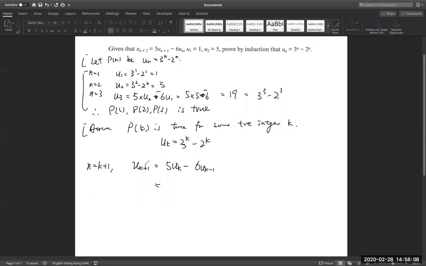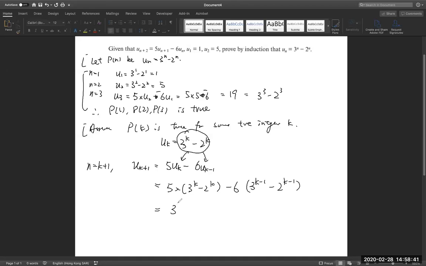So this one is k plus 1, and then you can see minus 1: k plus 1 minus 1 is k, and k minus 1 is k minus 1. Then you substitute the assumption here and here. Here you are not substituting directly, you need to replace k by k minus 1. And then you need to simplify these formulas, okay?